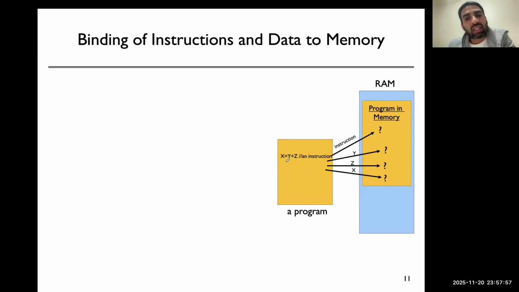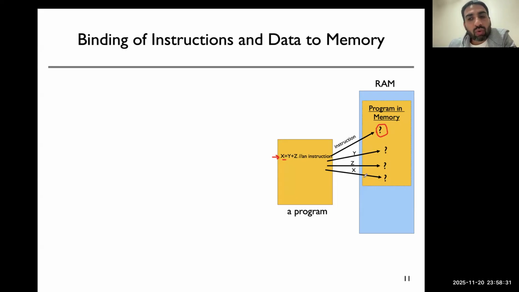In assembly language, it will be translated into multiple instructions. Before this program runs, we need to know where this statement is located in the memory, its exact location. Similarly, if this instruction is accessing the data x, y, and z, where is x located, what is the location of y, and what is the location of z?